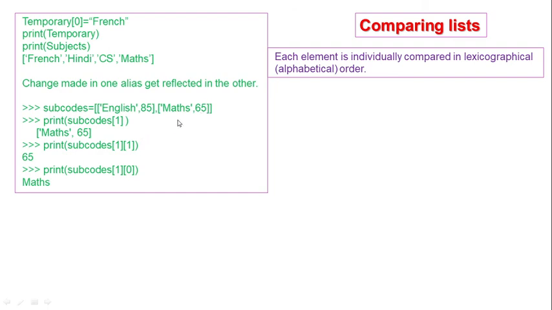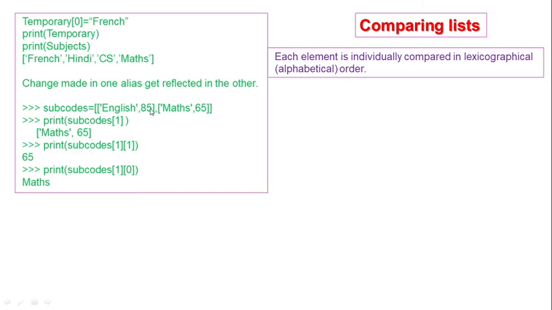And how it comes is, English is at 0th row, 0th column, and 85 is 0th row, first column, and Maths 65 is written in the second line, so it will be the first row.